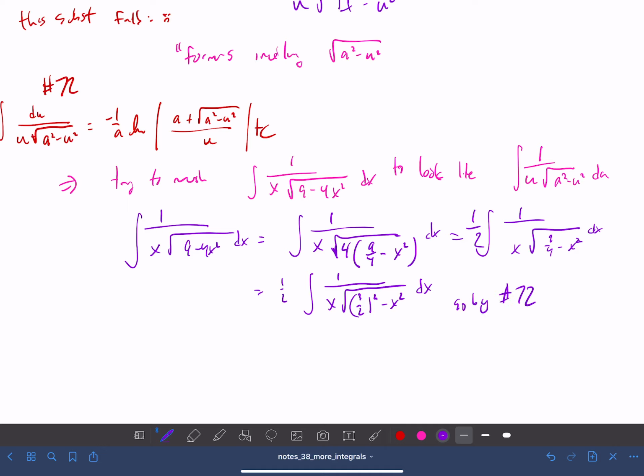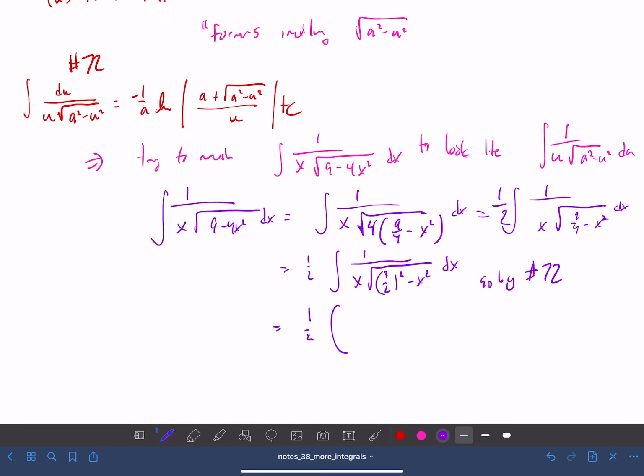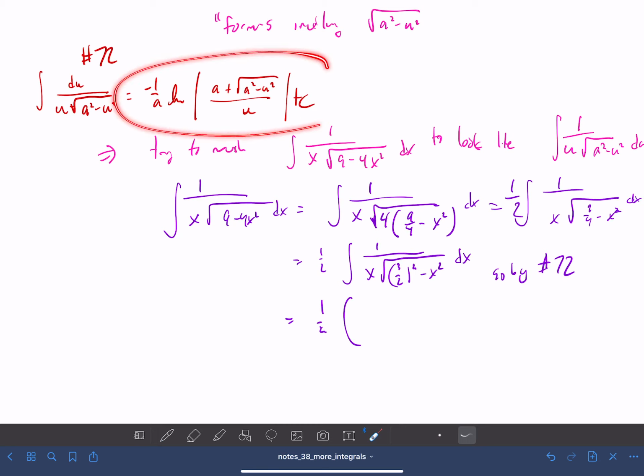So by number 72, this is equal to a half of, we're going to invoke this thing that I have right here. There we go. All right, so we're going to put that in. This is our friend a.